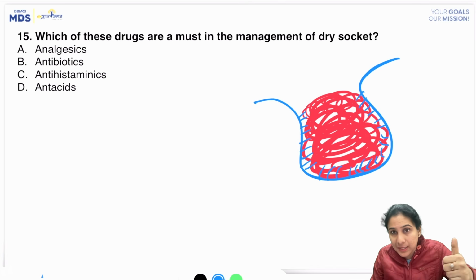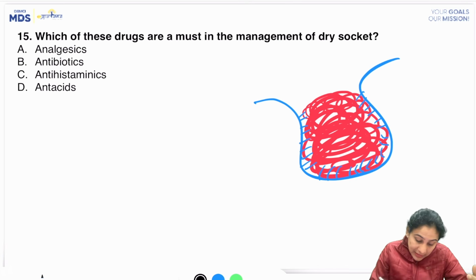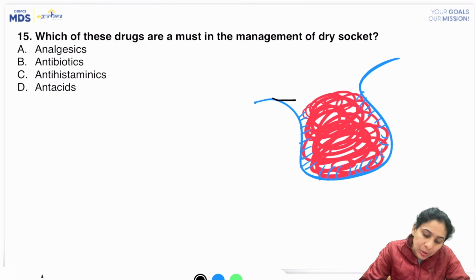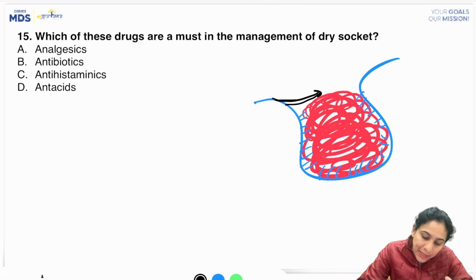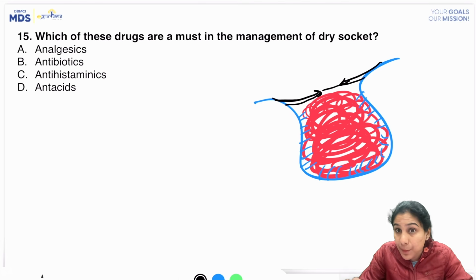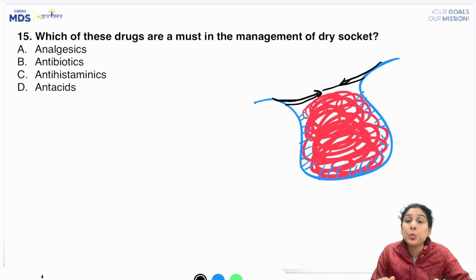So that's the first advantage. Second advantage, now the healing will happen over the clot. The epithelium of the adjacent gingiva will grow like this, and it will close it. So healing is faster.